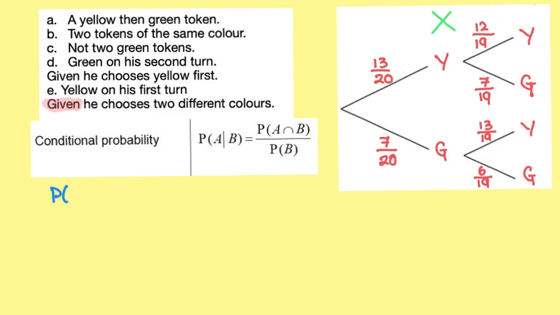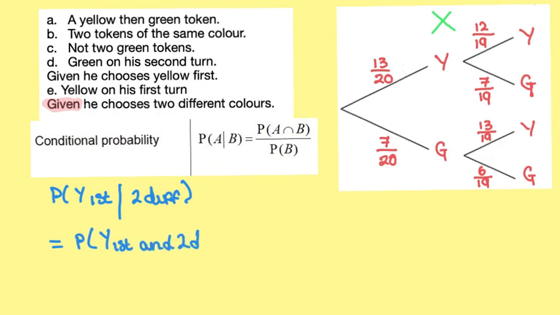So I want the probability of yellow first, given I have 2 different colours, is equal to the probability of yellow first and 2 different, divided by the probability of 2 different.